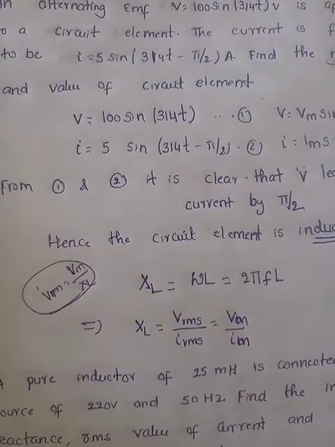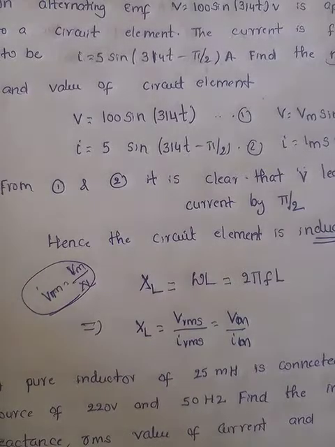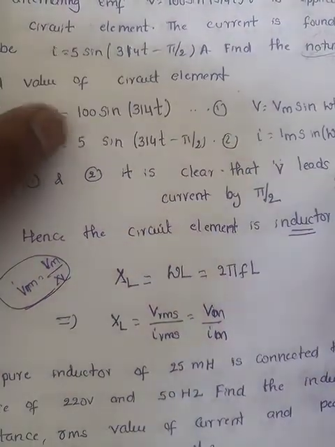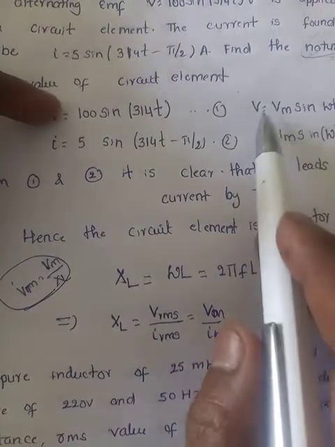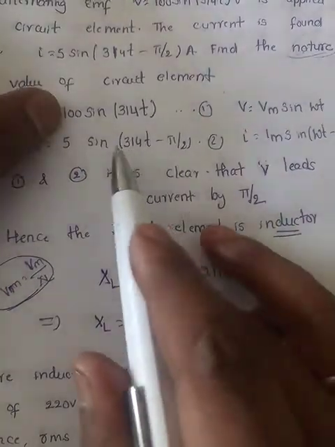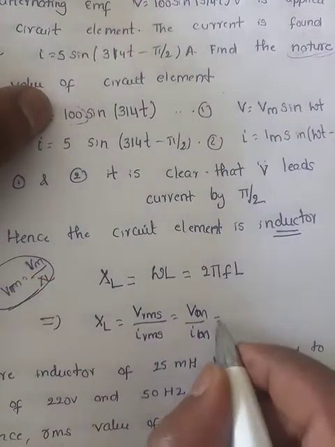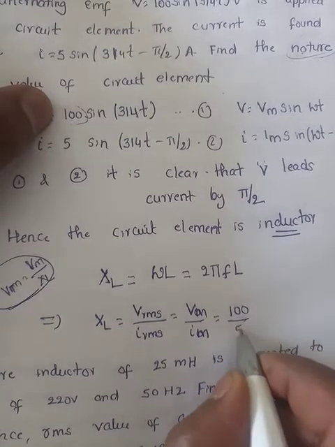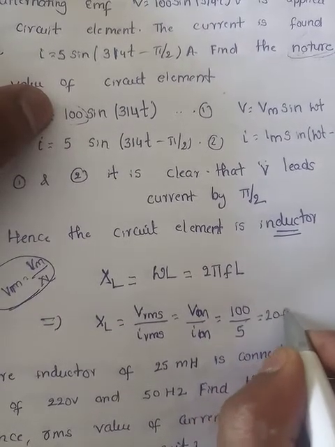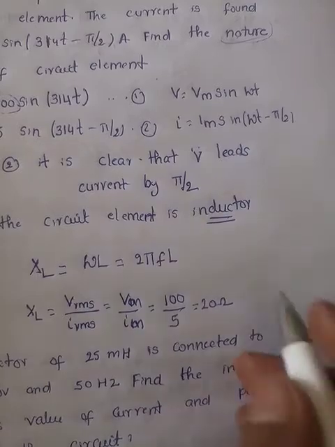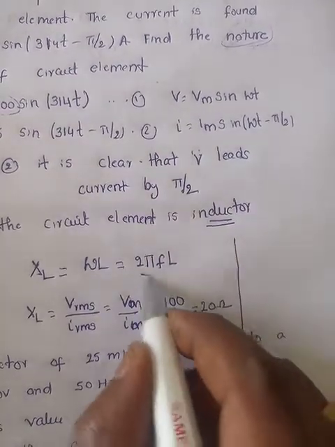Have you remembered this equation? From that, XL equals Vm by Im. Comparing with V equals Vm sin omega t, Vm is 100 and Im is 5. So, inductive reactance is 20 ohms.